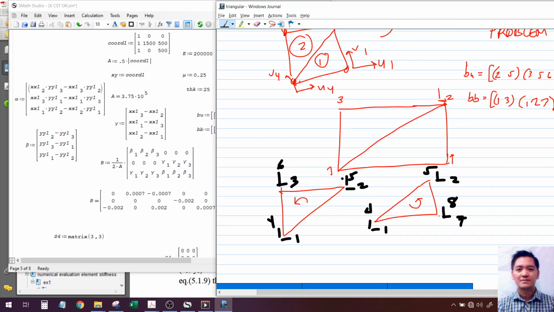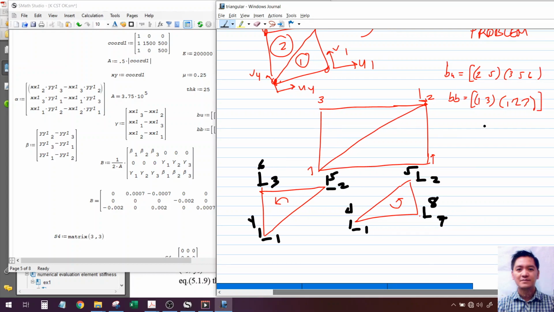So, meron tayong degrees of freedom dito, no? Na affected si element 1. Kaya, ang kinuha ko na required sa element 1 is 2 and 5. Okay? For element 2, ito naman si element 2.